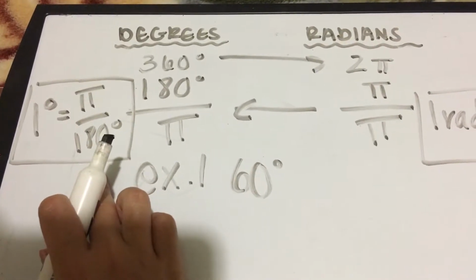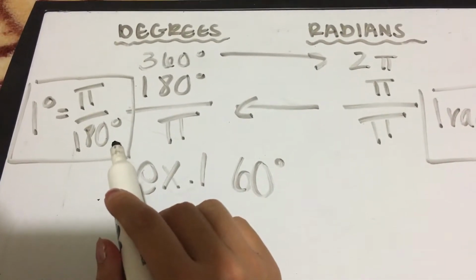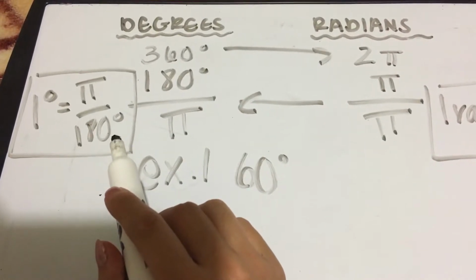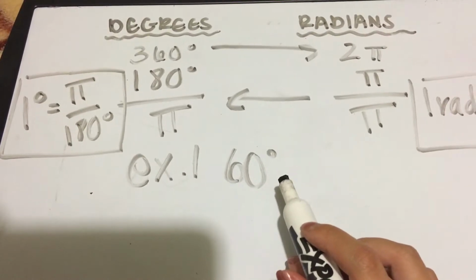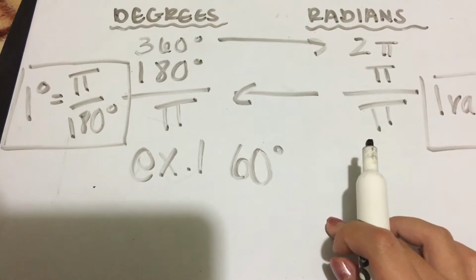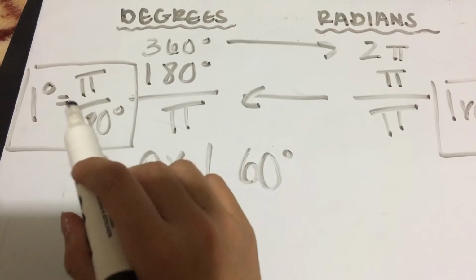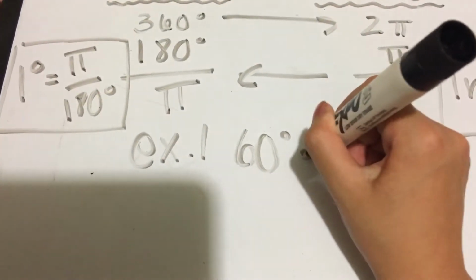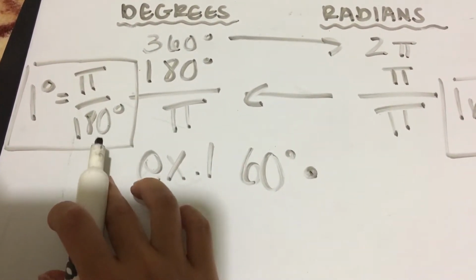The reason is that the degree value is on the bottom, in the denominator, for this conversion factor, whereas it's in the numerator for the problem. The fact that they're on opposite levels makes it so that we can cancel out the degrees, and we're left with the radians, which is what we're looking for.